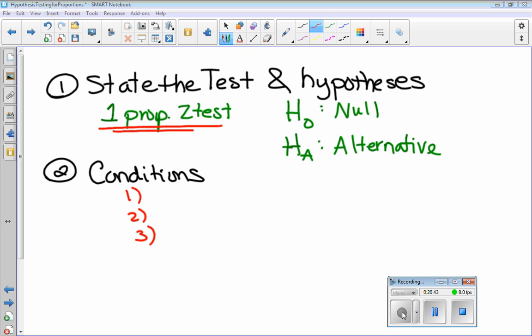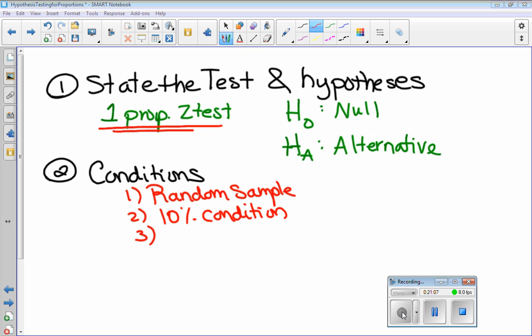And they are: 1, make sure that the sample was collected randomly. 2, the independence, which we rarely can prove, so we usually say that the sample size is less than 10% of the population. So I'll just write 10% condition.